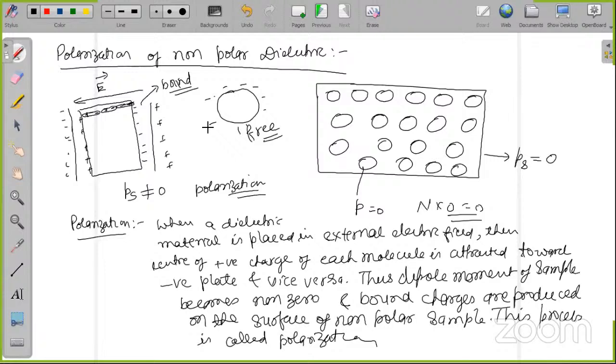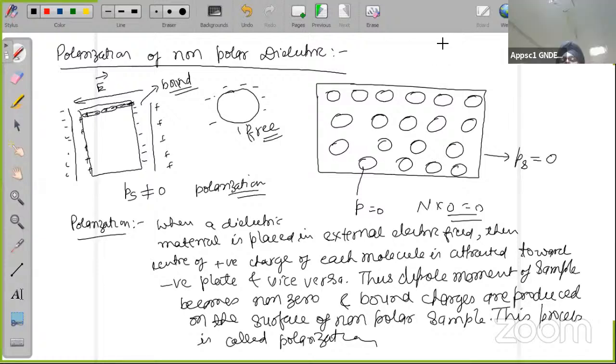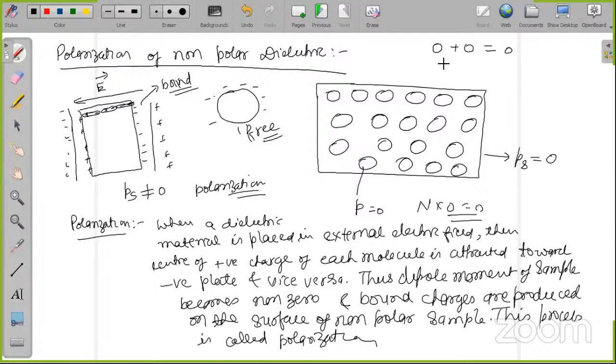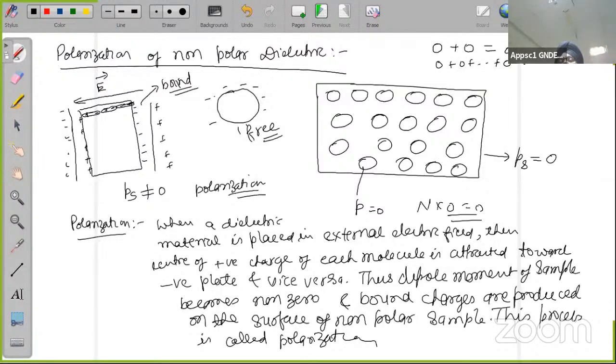Excuse me, sir. Can you please explain this diagram once again that you have drawn, PS equal to 0 and P equal to 0? Okay, please tell me. If I add 0 two times, what will be the answer? 0. If I add 0 n times, what will be the answer? 0 only, sir. Okay, very good.